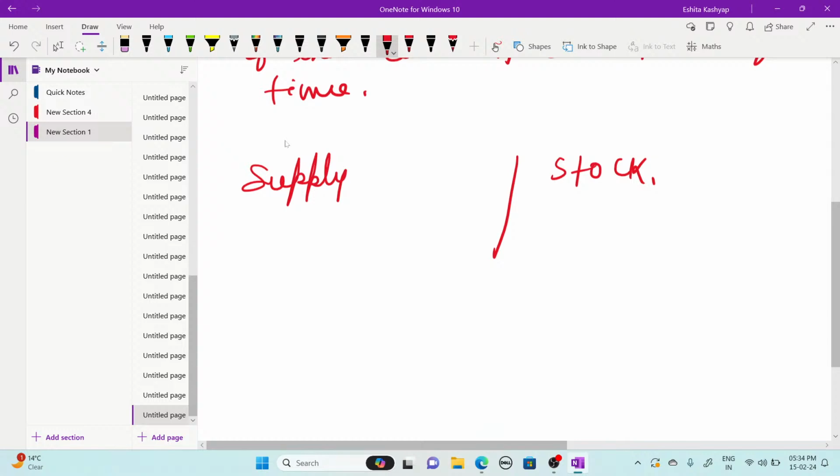Supply refers to different quantities of a commodity which a producer is ready to sell at different possible prices of that commodity at a point of time, as written in the definition above. But stock refers to the total quantity of a commodity available with the producer for present or future sale.